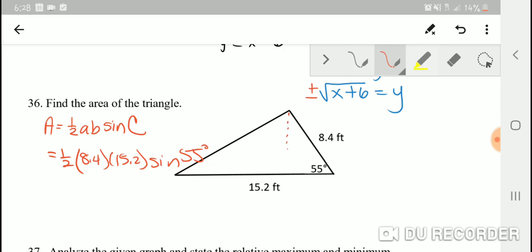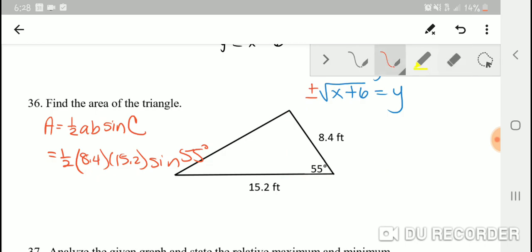Another way to do it is to draw your auxiliary line, and you can use A equals 1/2 base times height, since it's a triangle. Use regular SOHCAHTOA, regular sine, cosine, tangent, for this right triangle to find the height. And then plug in your base of 15.2. So it really doesn't matter which method you use.